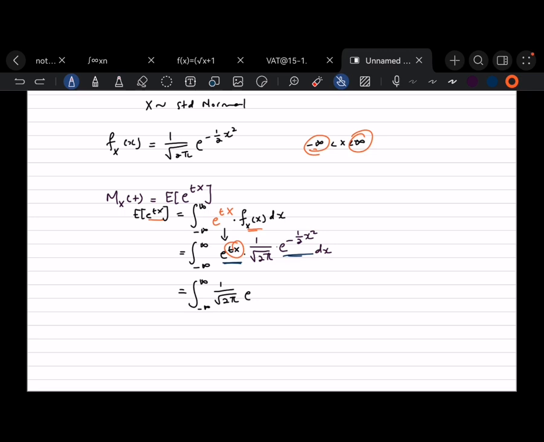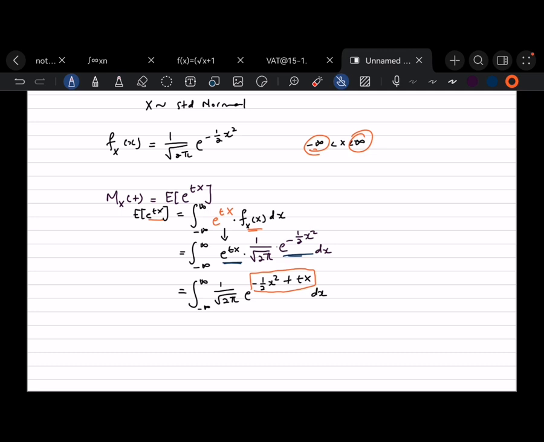When you're adding, it does not matter what you start with, so I can start with negative half x squared, then add the tx. I just took one base, then added the exponents. Then you have your dx. So focusing on the exponent inside this integral, you have negative half x squared plus tx.